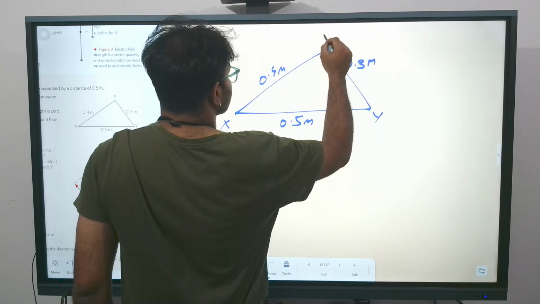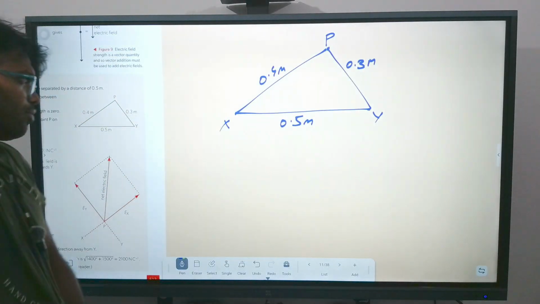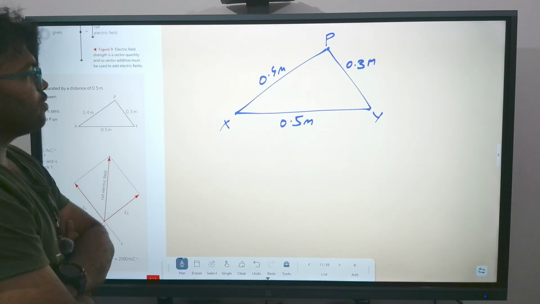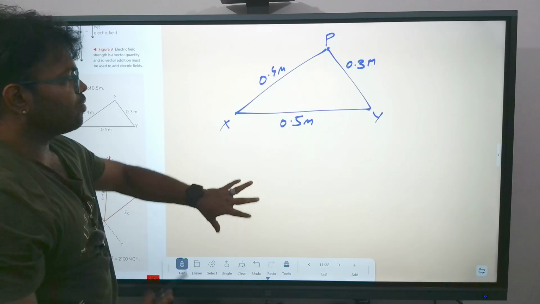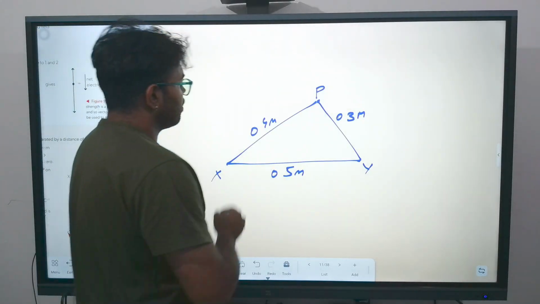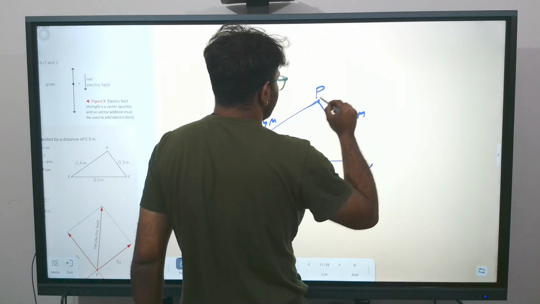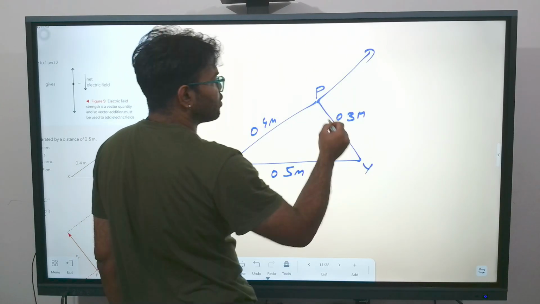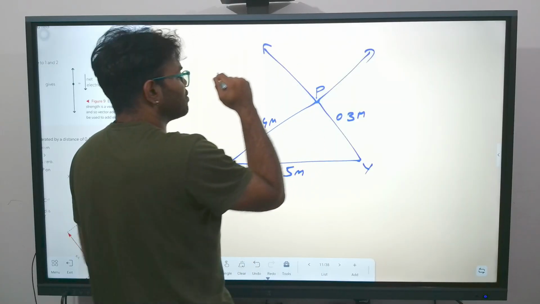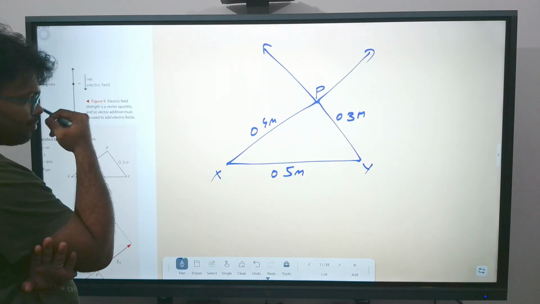Okay, and this is X, Y and this P. So 0.4, 0.5, and 0.3. Okay, fine. So I can say that due to this, at the point P, the electric field is like this, and for this, the electric field here is like this.